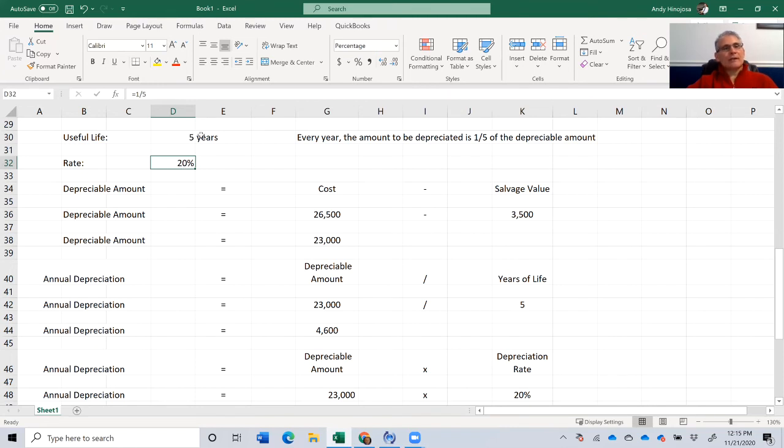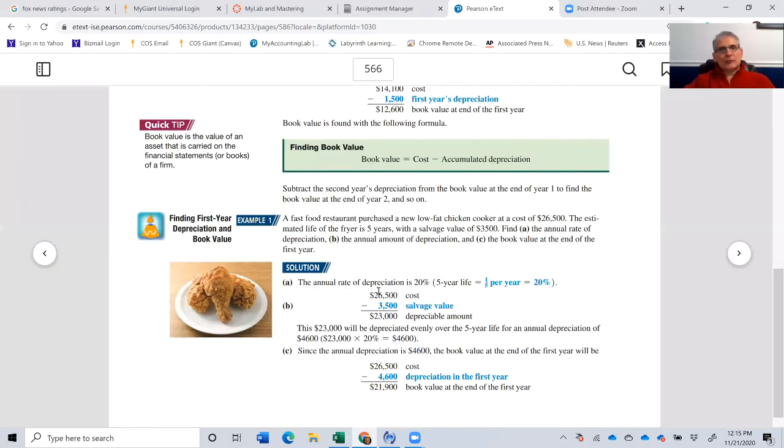So the rate for 5 years would be 20% per year. For 4 years, it would be 25%. For 3 years, it would be 33.3%, etc. So that's the solution to the first question. What is the annual rate of depreciation? It's 20%, which we get because a 5-year life equals 1/5 per year, or 20%.